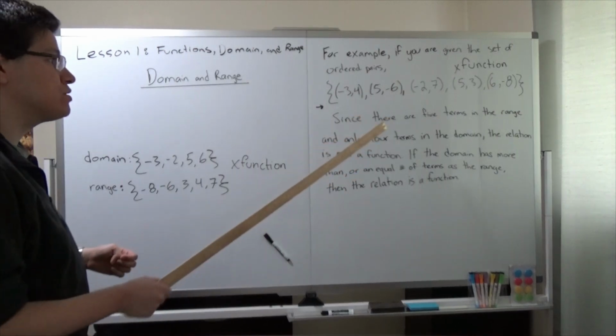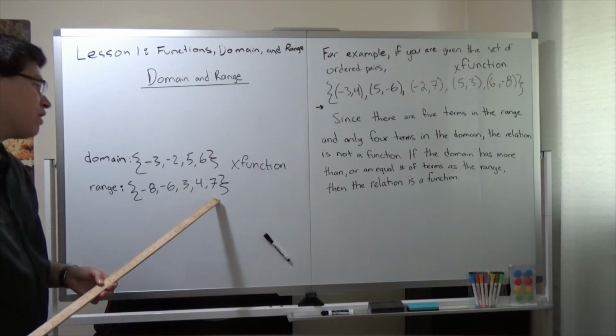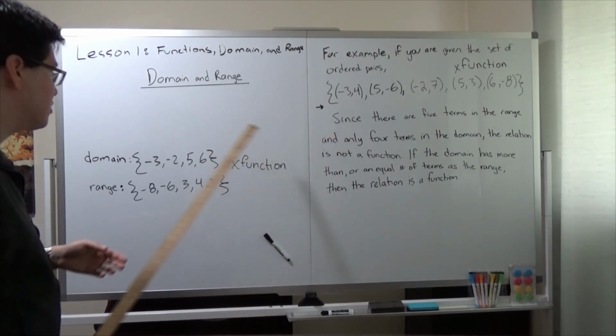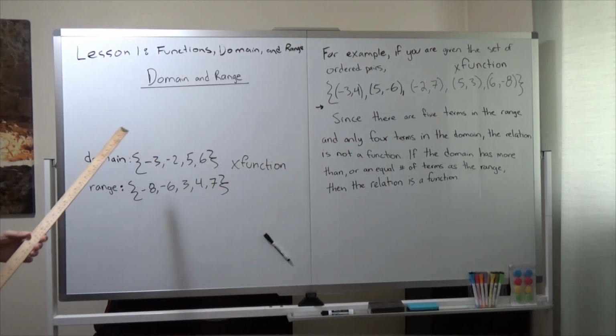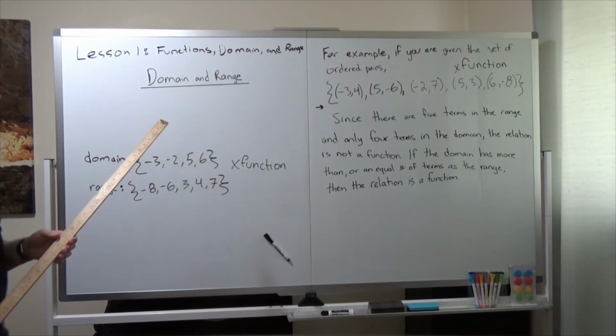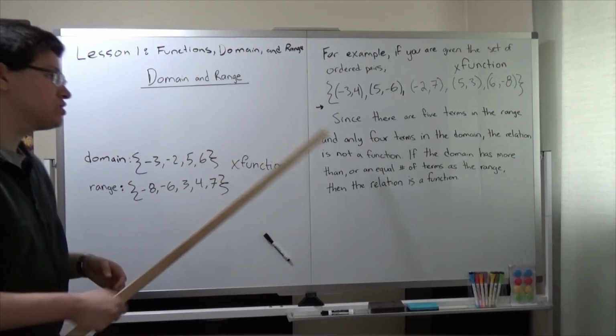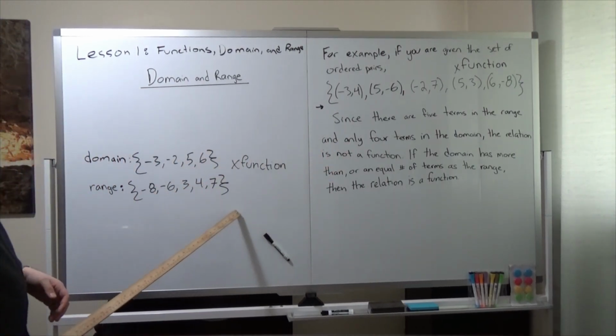Since there are 5 terms in the range, 1, 2, 3, 4, 5, and only 4 terms in the domain, 1, 2, 3, 4, the relation is not a function. So this is not a function.